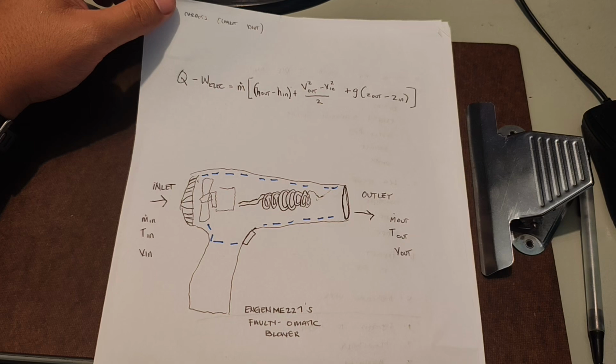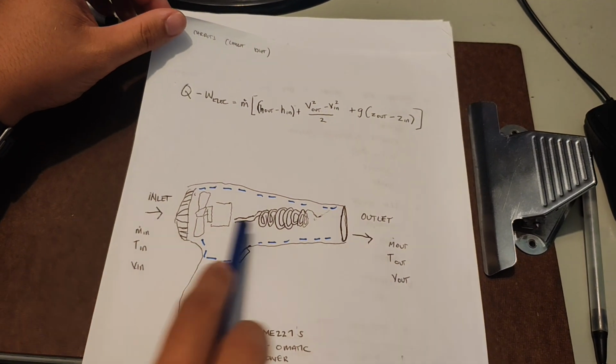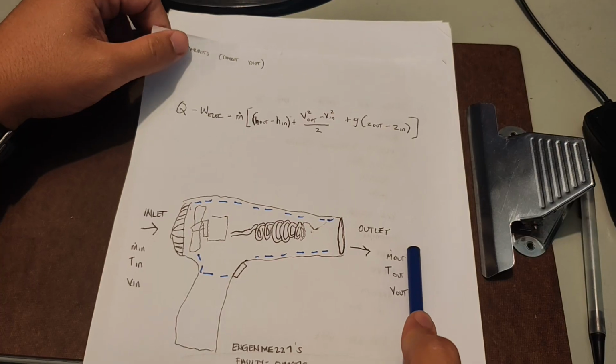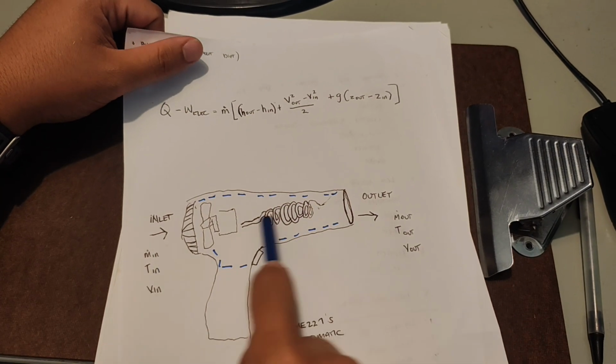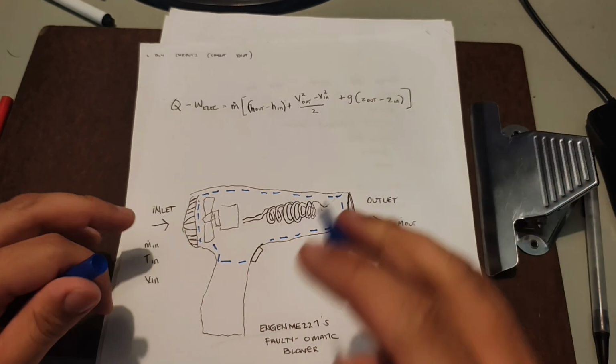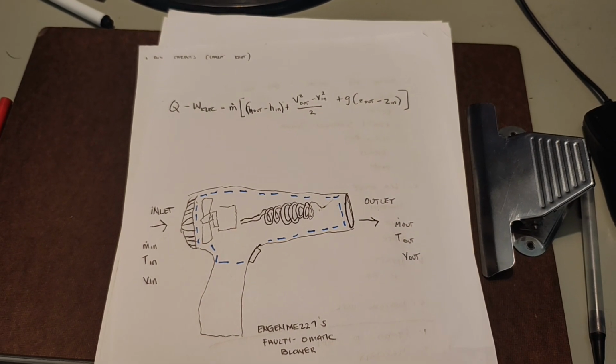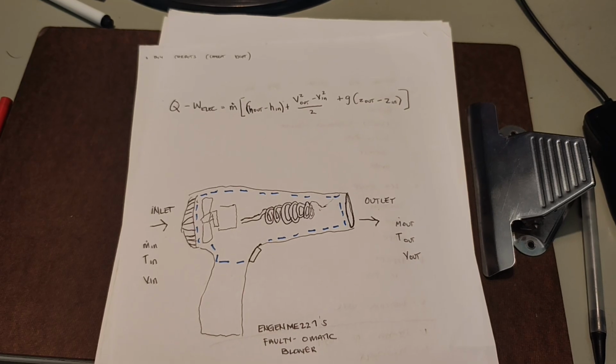In an open system like this, mass is constantly crossing from our inlet to our outlet. They're continuously crossing our boundary. So this is my boundary. It's because it's at a steady state. The mass balance is simple.